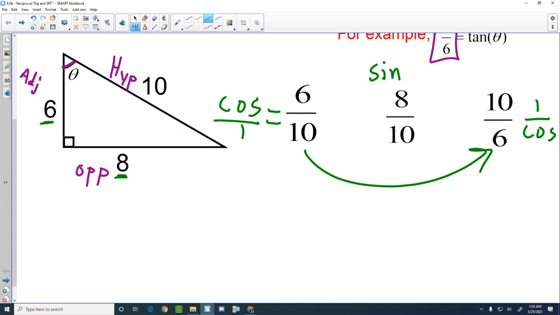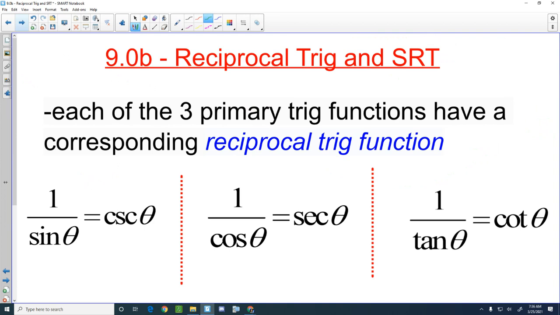All right. So yes, today we're going to learn about these reciprocal trig functions, when you just flip the fraction upside down. So this is lesson 9.0b. We're learning reciprocal trig and SRT. That stands for special right triangles.